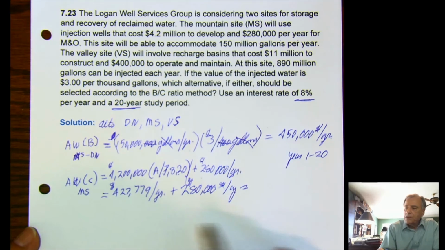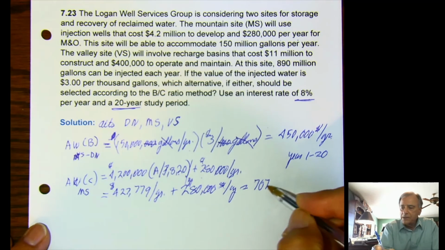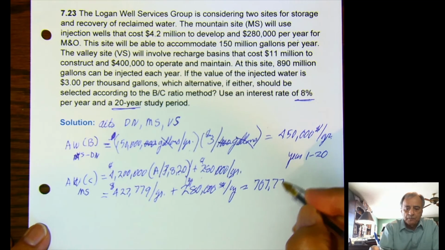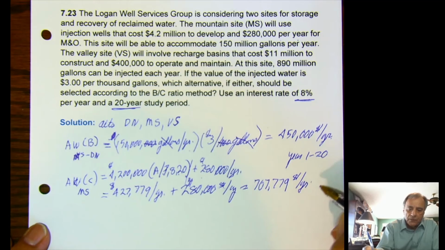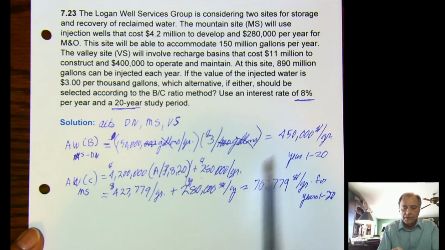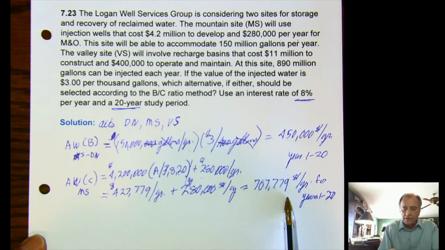And so the sum of those two turns out to be $707,779 per year for years 1 through 20. So now I have the benefits of the mountain site and the cost.